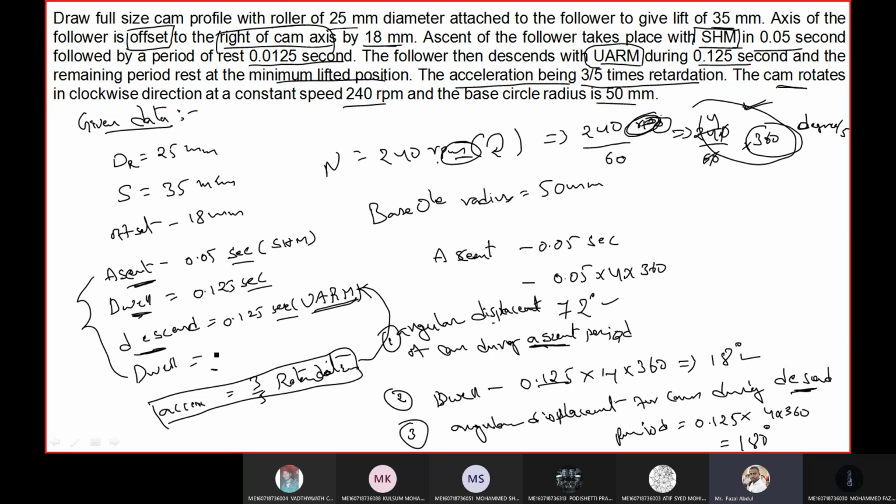So to know this period value, total 360 degrees minus how much ascent period we got, 72 degrees. Rising dwell period, how much we got, 18 degrees. And falling period, how much we got, 180 degrees. So like this if you do, you will get the falling dwell period.